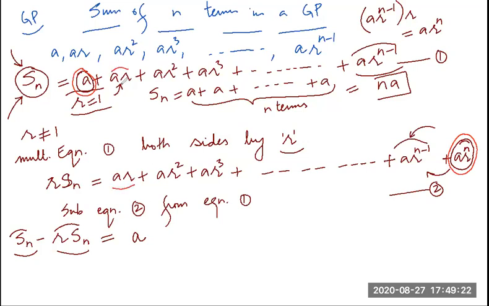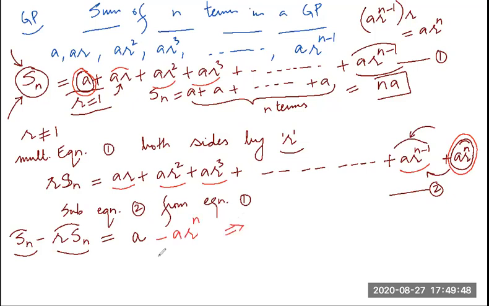Second term of this series will get cancelled with first term. Third will get cancelled with second term. The fourth term will get cancelled with third term. So last term of this series will get cancelled with second last term of this series. Nothing after this. So I will get minus AR raised to power n.